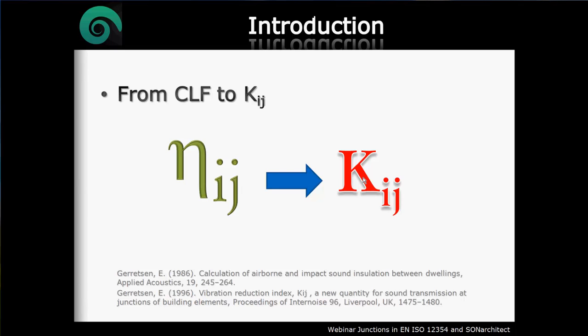The basic idea in the ISO 12354 treatment of vibration reduction indexes is to change the way that we calculate the flanking transmission through mechanical elements, from the coupling loss factors to the KAJ indexes.